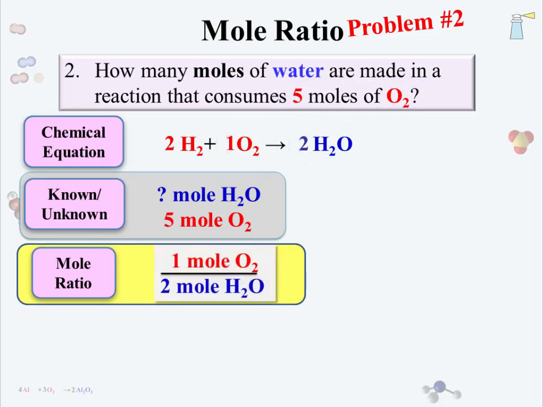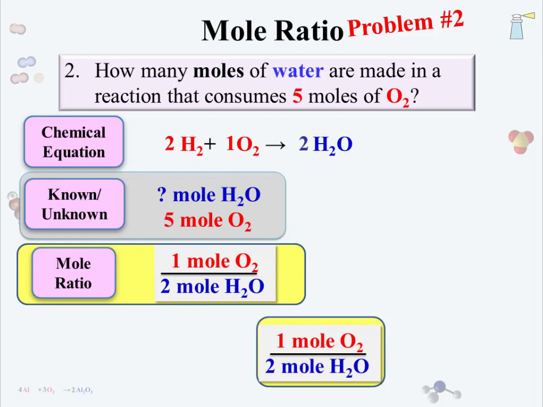Here's a mole ratio based on the current and desired units. Is this the correct orientation of the mole ratio? No, it is not. The current units of moles oxygen are not in the denominator. But for demonstration purposes, let's see what happens if we use this incorrect orientation.